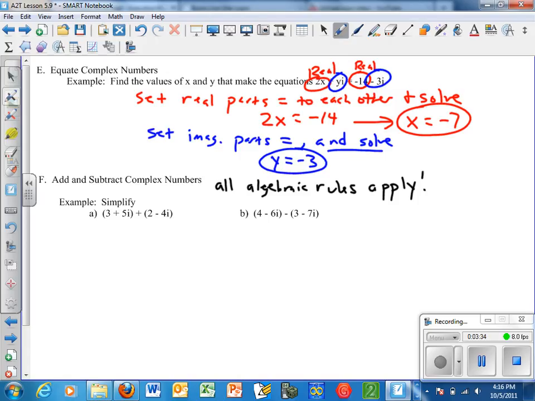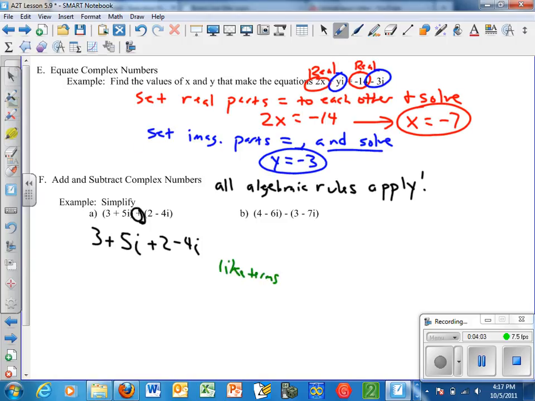So if I have 3 plus 5i in parentheses and I'm adding 2 minus 4i, remember a plus sign here doesn't change any of the signs. So I can really just drop off parentheses, so it's 3 plus 5i. This sign right here keeps the 2 positive and the 4i negative. We'll deal with what happens when it's a minus sign on the next problem. And then all I do is combine like terms.